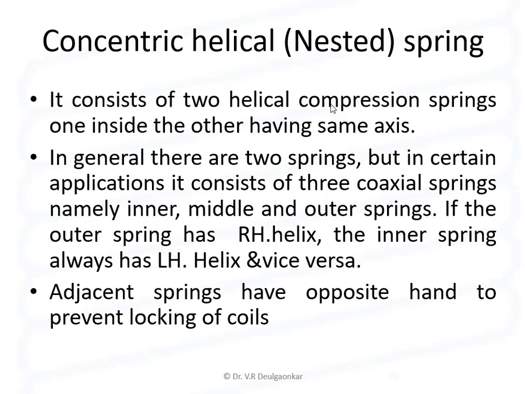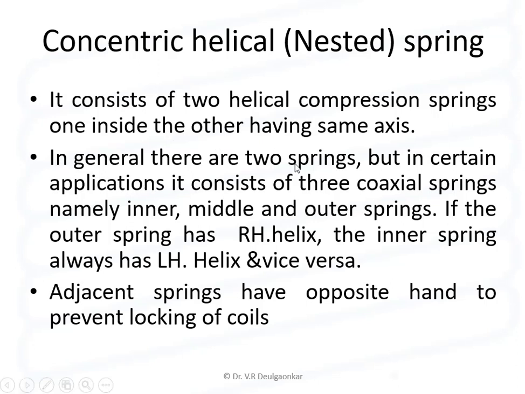Now we will see the concentric helical spring, which is also called a nested spring. By the word meaning nested, it is a loop spring. It consists of two helical compression springs, one inside the other, having the same axis. Naturally there will be two different diameters, inner and outer.